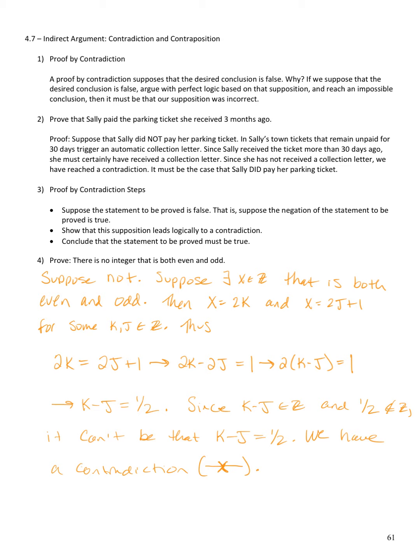This gets messy, because m squared being even would be 2k for some k in Z. And then we need to show m is even, so we square root, right? So m is the square root of 2k. That's hard to manipulate into showing it's even. So the direct proof route is not the way to go here. It's very messy and difficult.